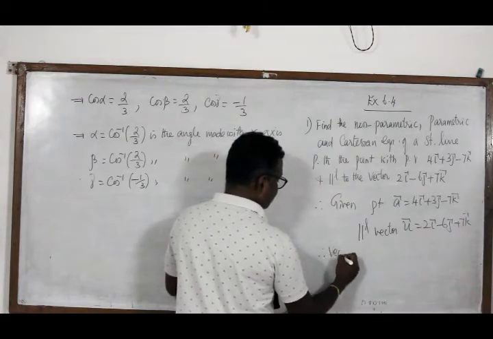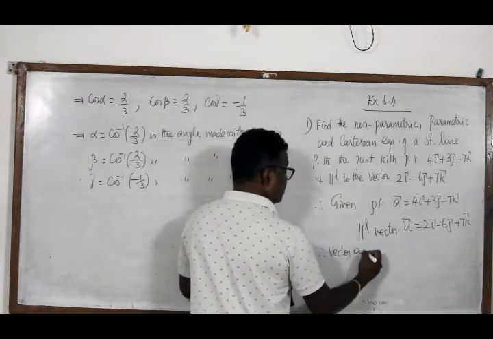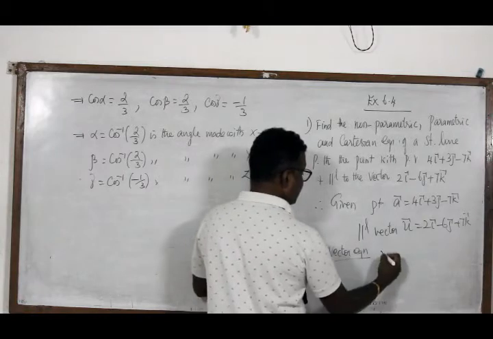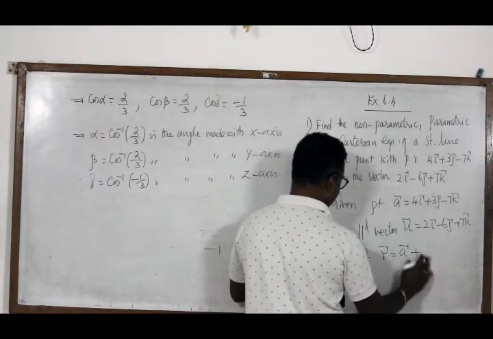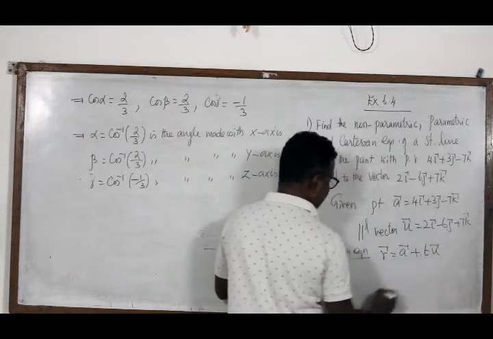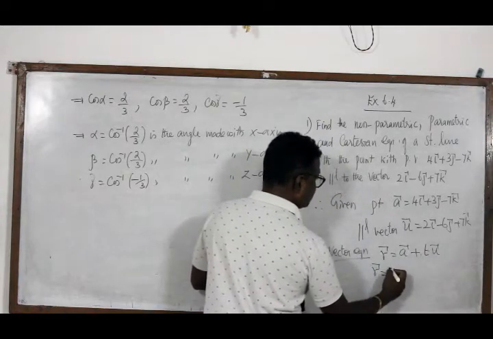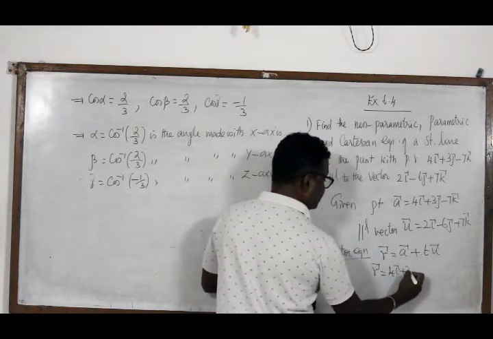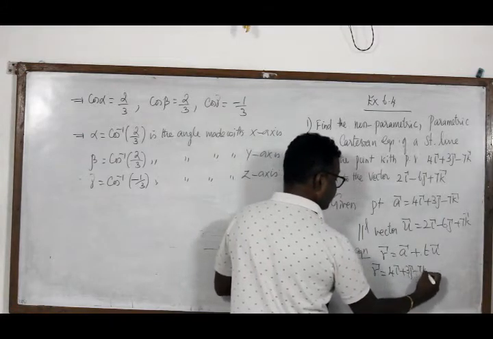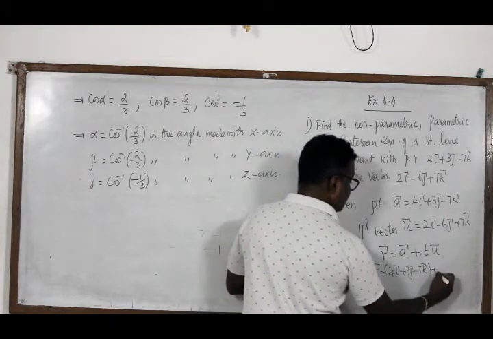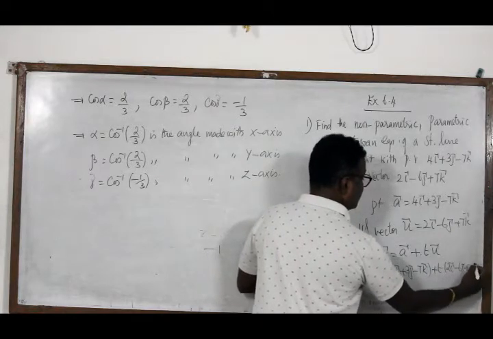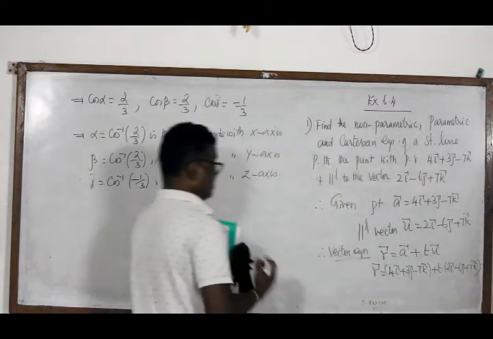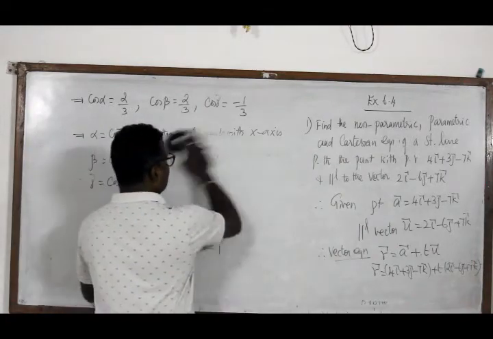Therefore, the vector equation, this is parametric, is R vector equal to A vector plus T U vector, or S U vector, whatever it is. Then R vector equals 4i plus 3j minus 7k plus T into 2i minus 6j plus 7k. This is the vector equation.